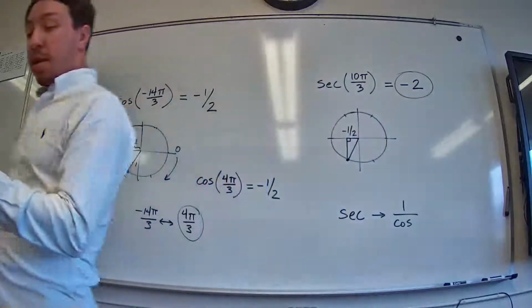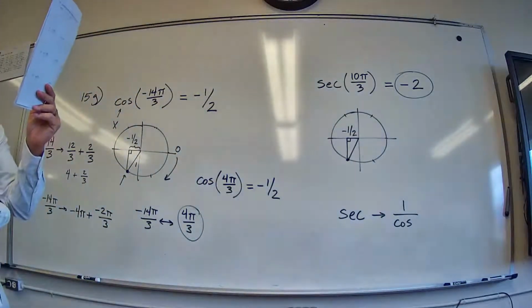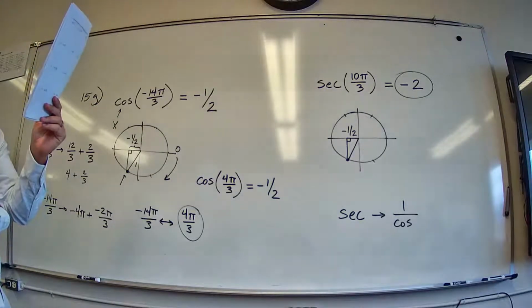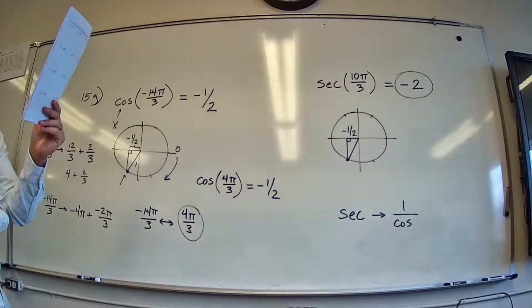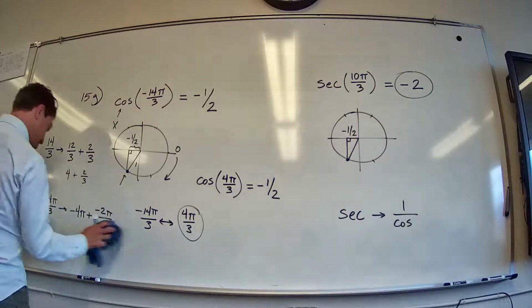I don't know. Let's do one more. This should be a good one. J. So the cotangent of negative 22 pi over 3.